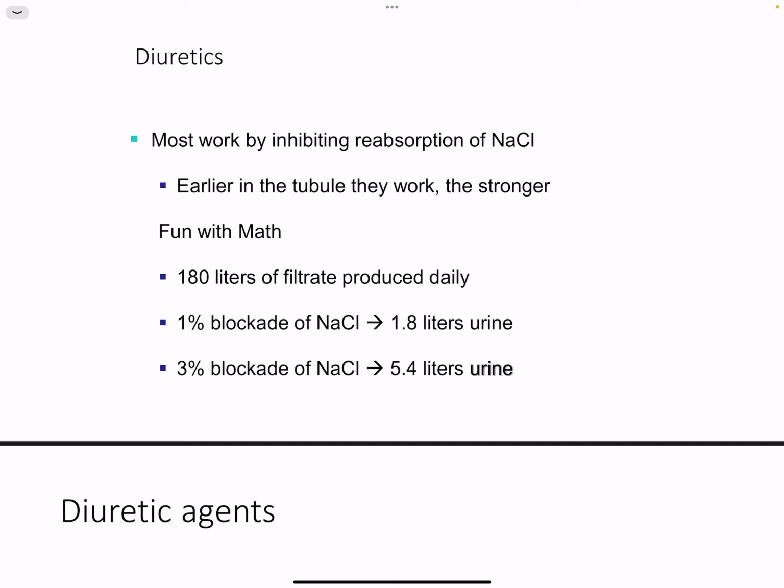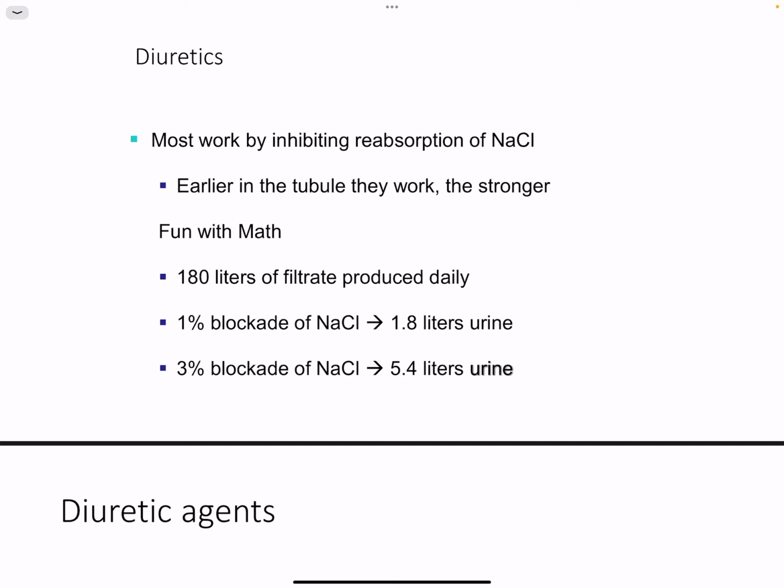For this 1%, 1% of the sodium chloride is blocked. The rest of the sodium chloride is reabsorbed in the nephron, and only 1% is blocked. When 1% is blocked, normal urine output comes out, which is 1.8 liters.